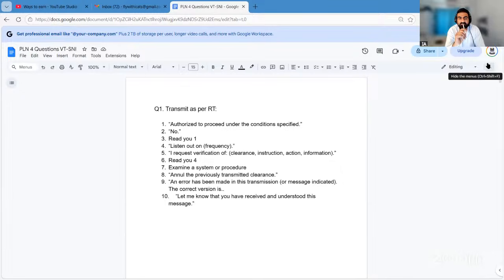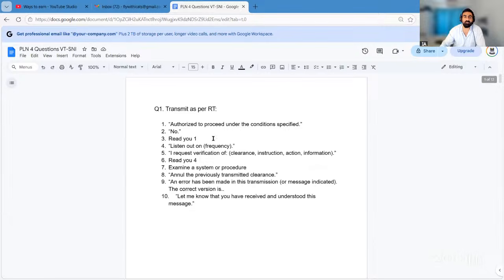Number 10 is? Number 10 seems like acknowledge. Number 10 is: let me know that you have received and understood. Acknowledge.